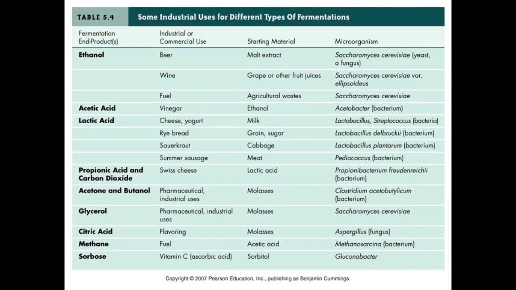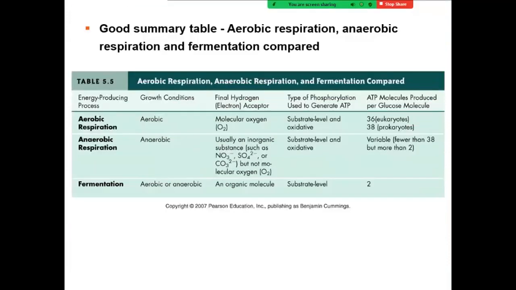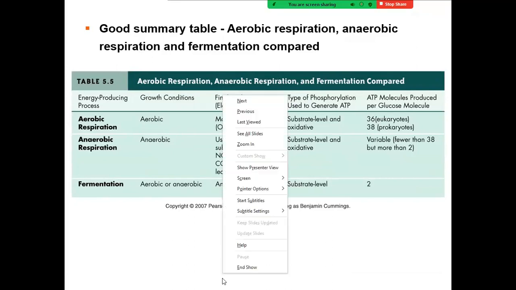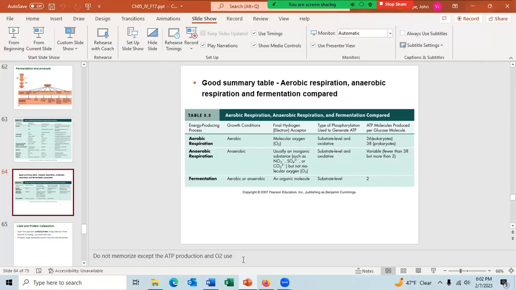All right, if there's no questions about this, I'm going to move on. This slide is showing you the end product, meaning the last position that the electrons flowing from glucose flow to.